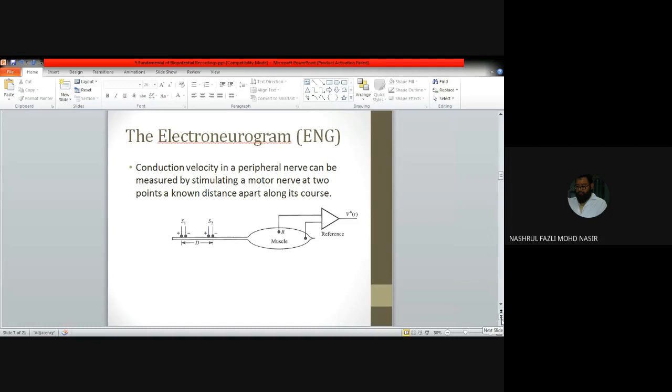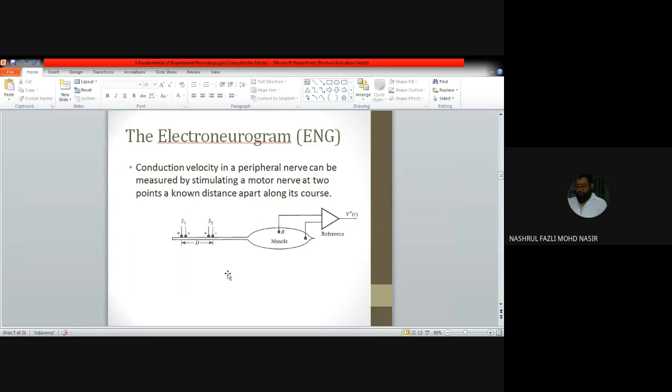Conduction velocity in a peripheral nerve can be measured by stimulating a motor nerve at two points, at a known distance apart along its course. We cannot take the whole thing because the muscle nerve is long, like if you want to measure along the legs, that will be quite long.